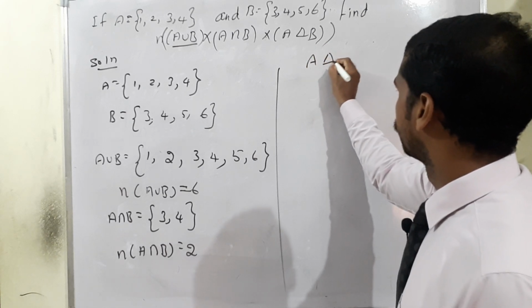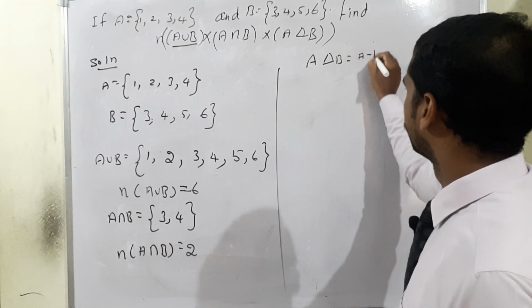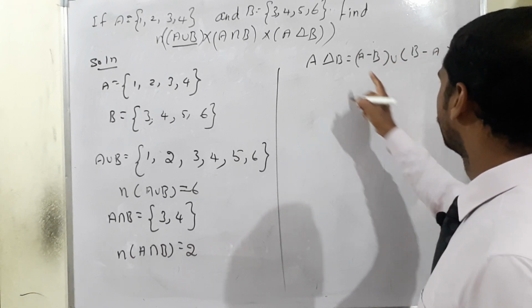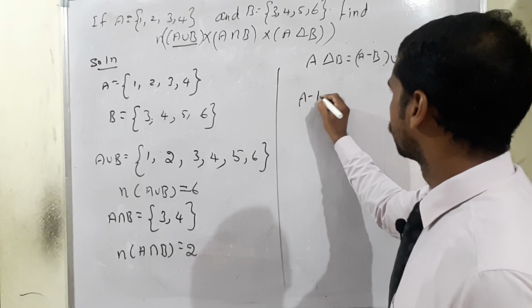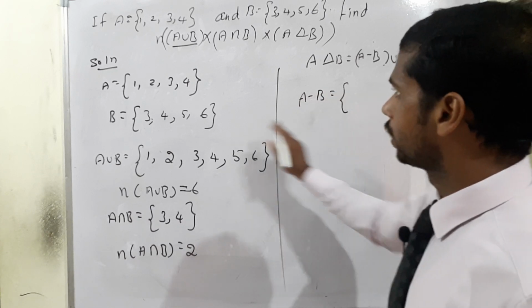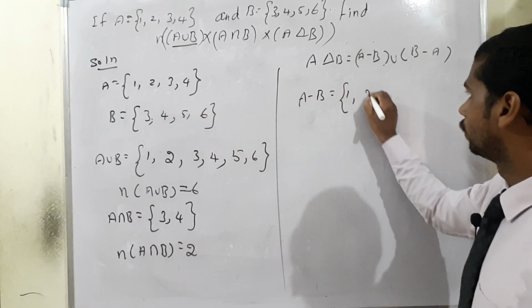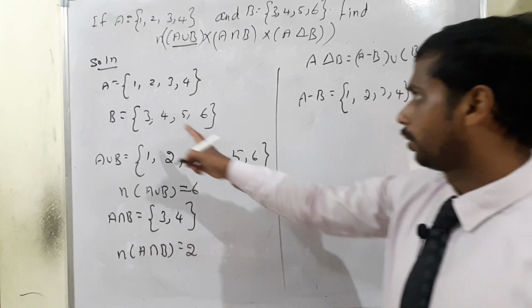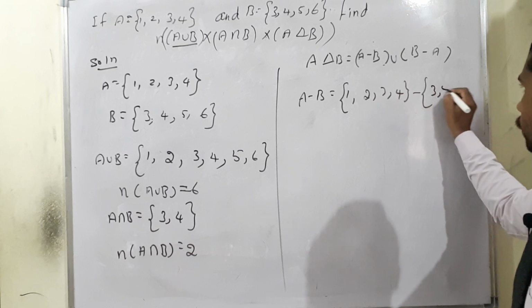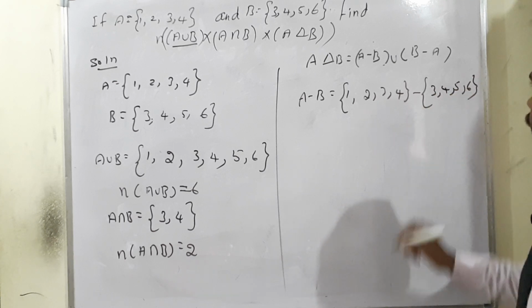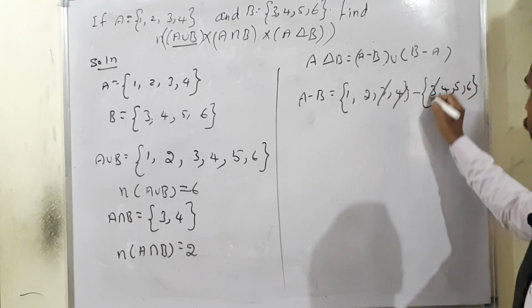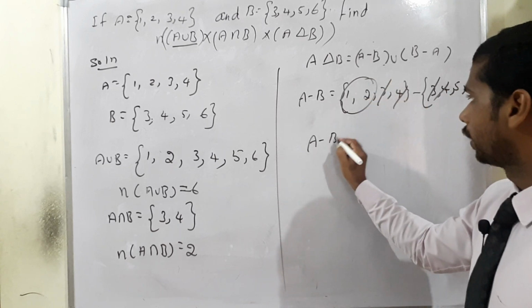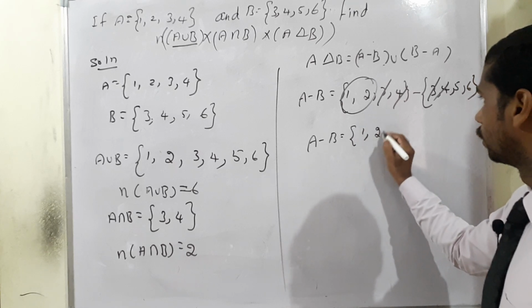So A symmetric B formula, A minus B union B minus A. First we need to find out A minus B. So A minus B means A is equal to 1, 2, 3, 4, minus B is equal to 3, 4, 5, 6. Definitely 3 and 4 cancel, means in A what are the terms balance? 1, 2. Therefore A minus B is equal to 1 and 2.